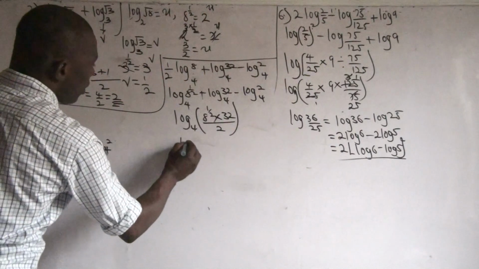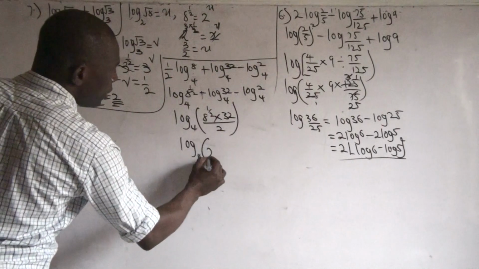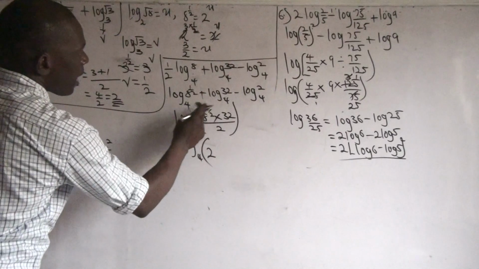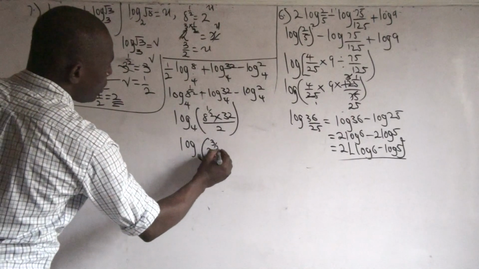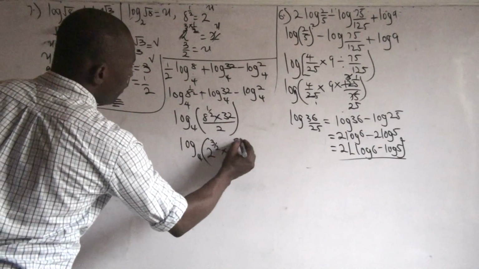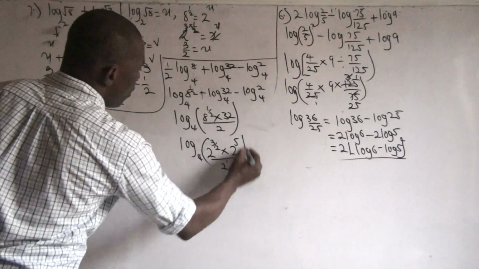So here we have log base 4 of: 8 is 2 raised to the power 3, and this 3 we multiply out to become 3 over 2, times 32 which is 2 raised to the power 5, divided by 2 raised to the power 1.